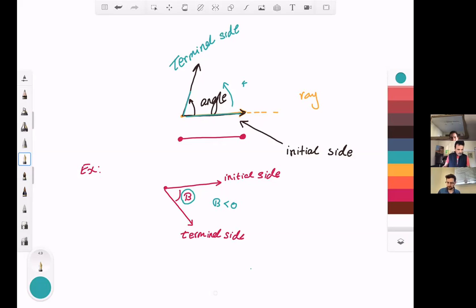Good. So we have another one, they call it coterminal. For example, this is the initial. Let's create a theta here.